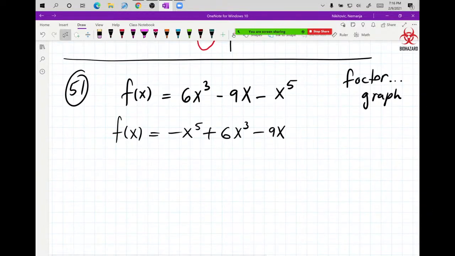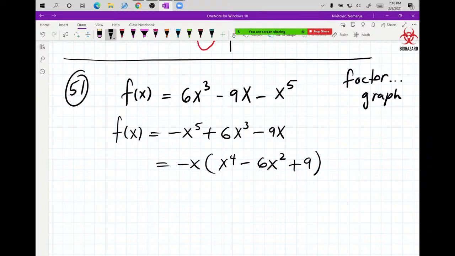Then we factor out the GCF, greatest common factor, which in this case we can kick out negative x, and what's left is x to the 4th minus 6x squared plus 9.